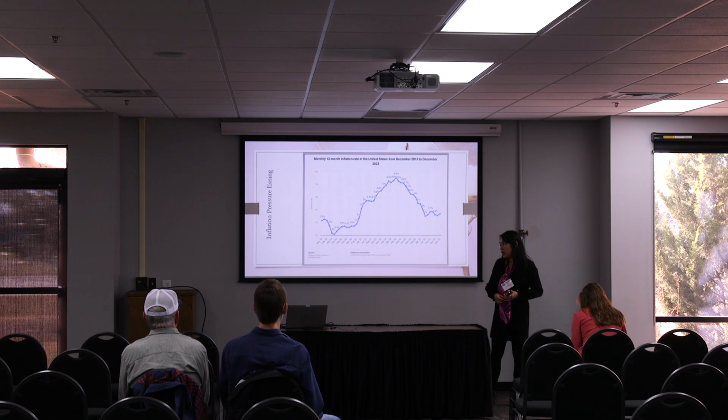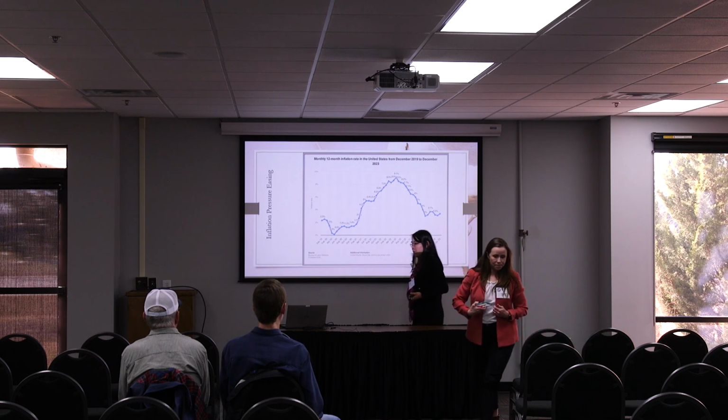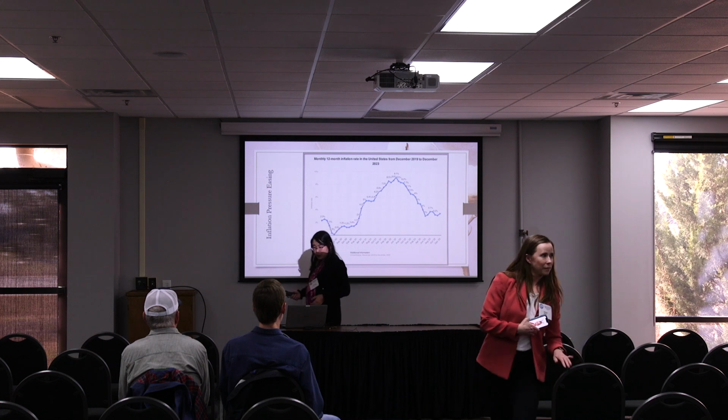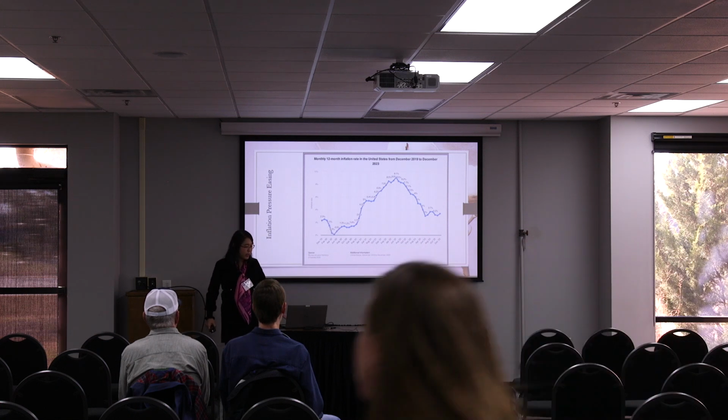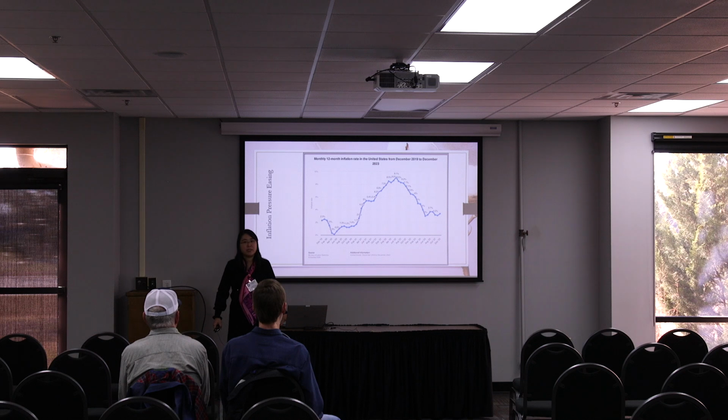That gives some concern for the Fed. They might not be able to reduce the interest rate as early as they expected. So we might see interest rates continue at a relatively high level for a longer period than expected before.